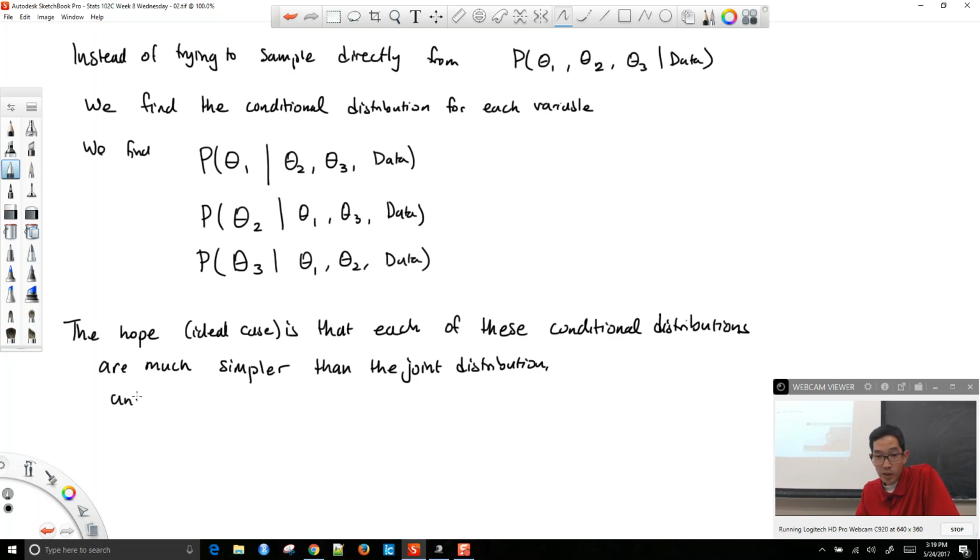And ideally, we can generate random samples from each conditional distribution.